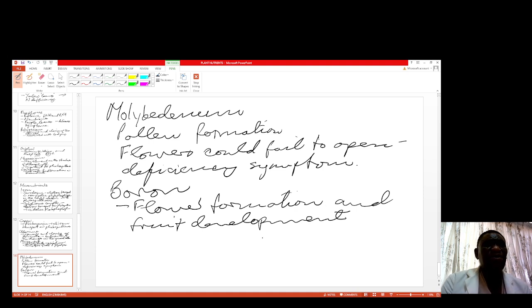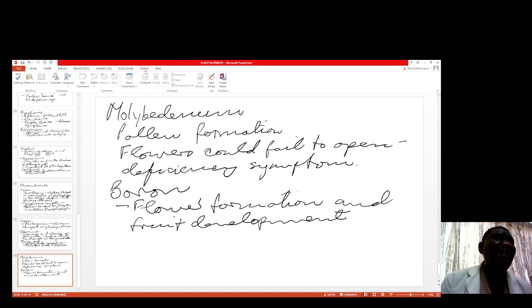I think it's around the flowers. So if it is absent, it may decrease yields. Let us move on to the next.